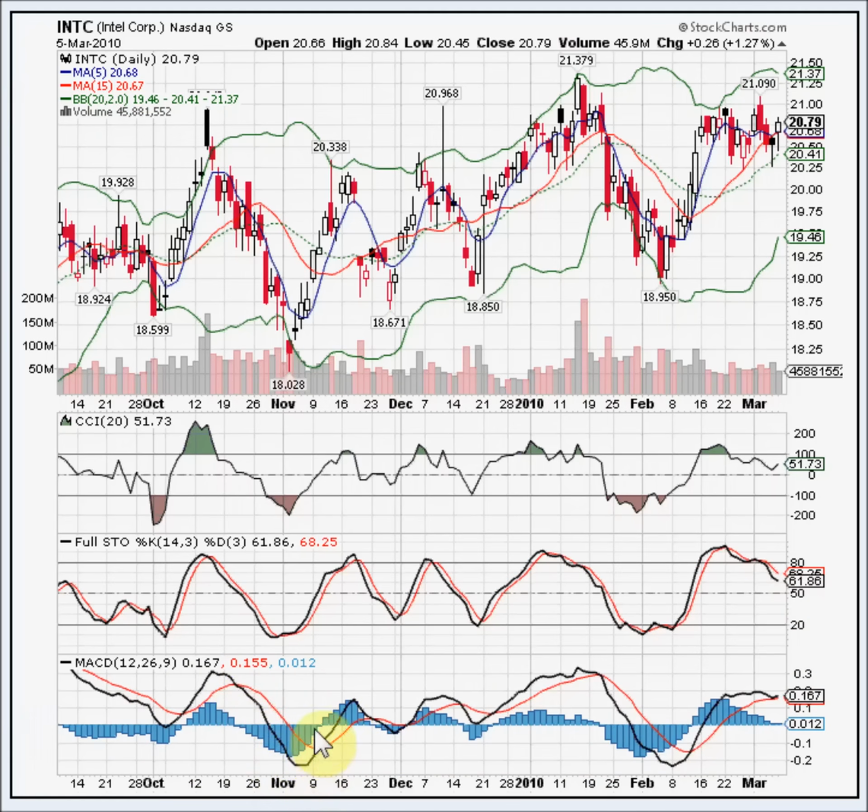And when the histogram either goes negative through 0 or positive through 0. These are all very good indicators. I use many more technical indicators on my charts, but these form the basis of my strategy.